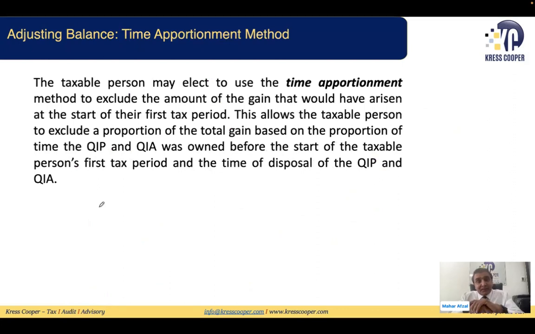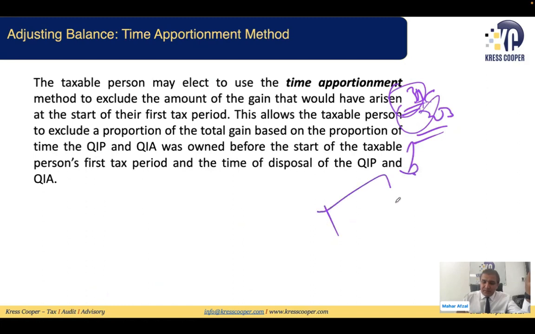Sometimes the value of the asset is not available by the end of the immediate financial year. Again, going back to the same example, suppose on 31st December 2023, the asset was reflecting, and this is the asset as plant and machinery.